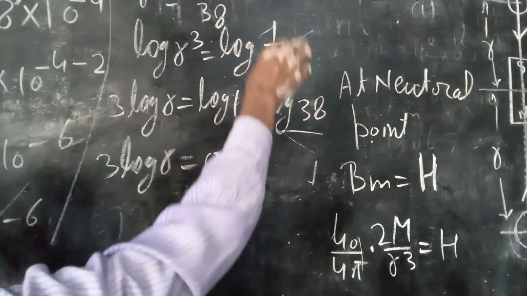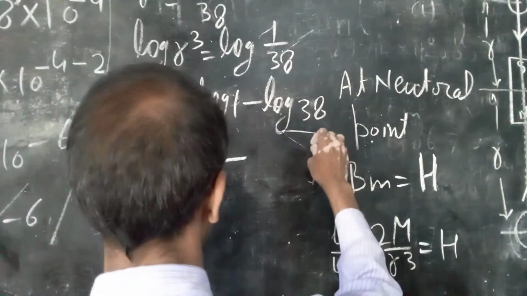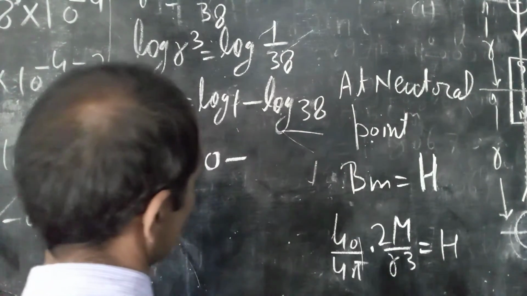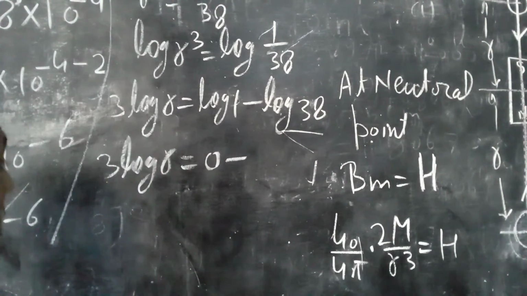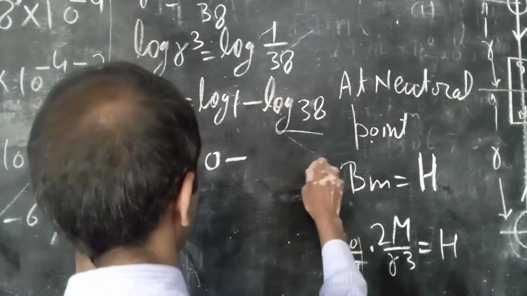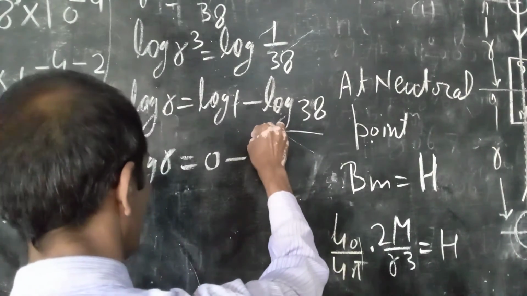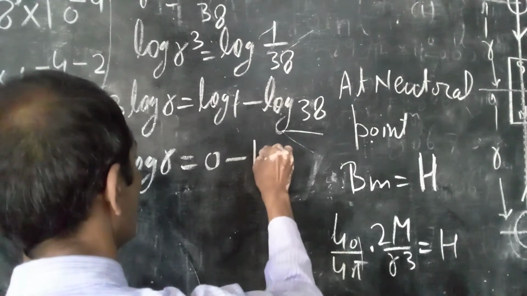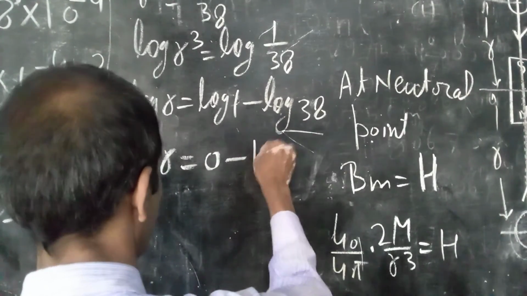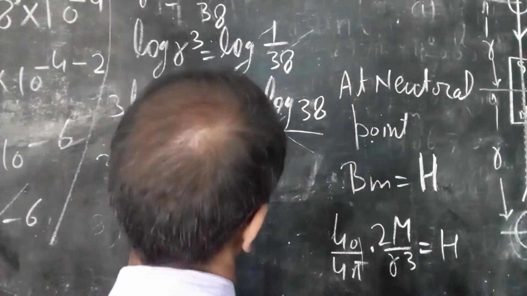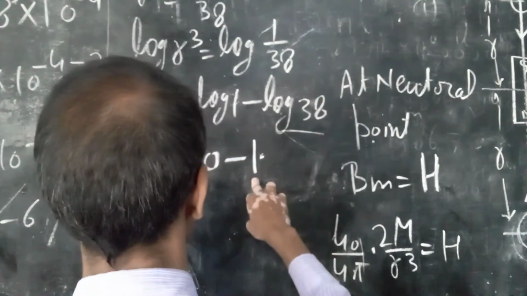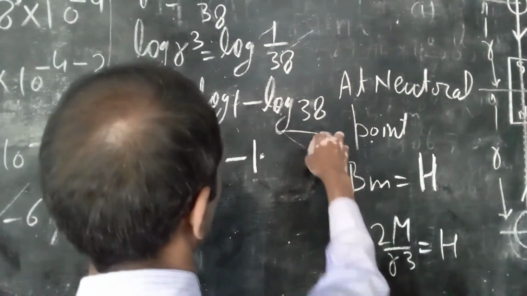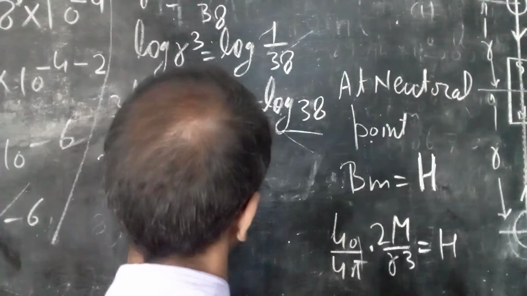Log 38 has 2 integer digits, so the characteristic is the number of integer digits minus 1. There are 2 integers, so the characteristic will be 2 minus 1, which is 1. So write here 1. Now the mantissa, this is your characteristic. Now we read the mantissa from the log table.